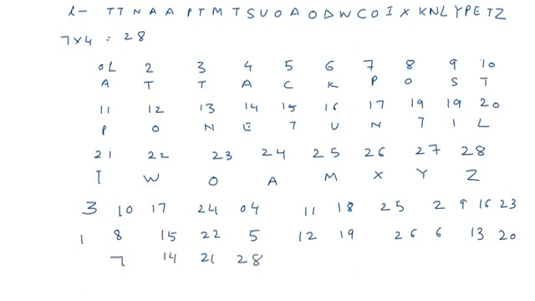If you see this, there is a pattern. Every time we are going to add 7. 3 plus 7 is 10. 10 plus 7, 17. 17 plus 7, 24. Then 24 plus 7, because we have only 28, it goes to 4. Then 11, then 18, 25. So it will be like that.